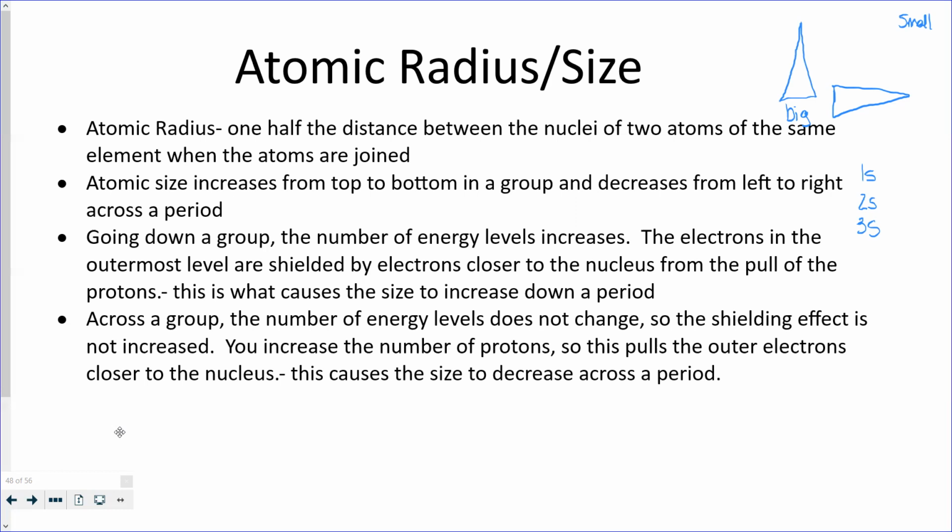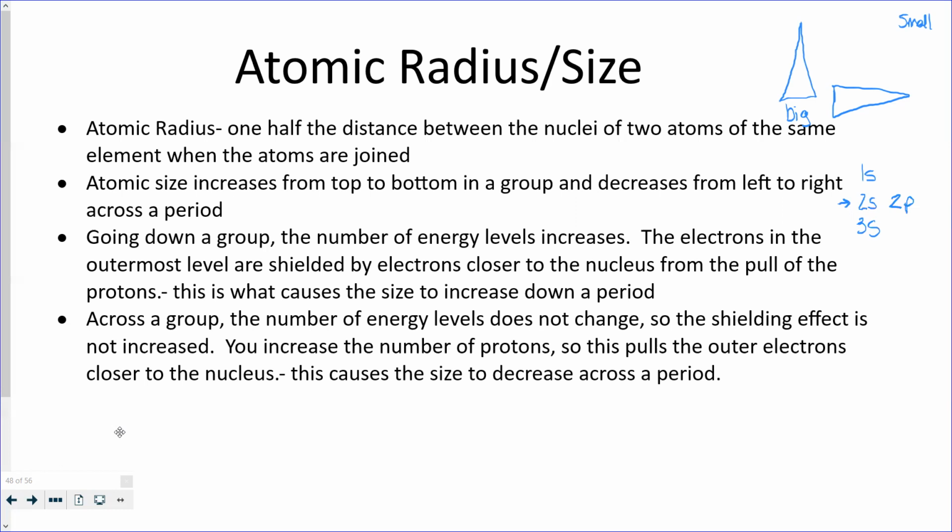Whereas going across a period, the number of energy levels doesn't change. So if we look at the second row, we would add electrons in that 2s energy level and then into p. Those are the same energy levels, so they're the same distance away from the nucleus. So there's no increase in shielding.